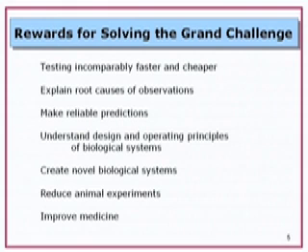We would like to make reliable predictions, and clearly if you have a computational model, you can make hundreds of thousands, millions of predictions in a very short period of time, much faster than any organismal system or in vitro system.